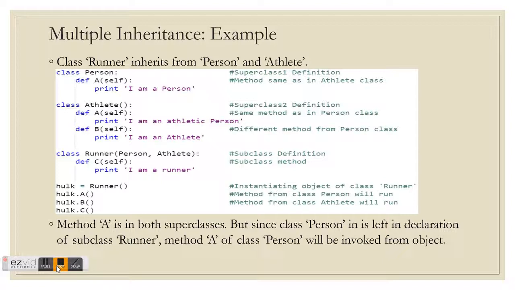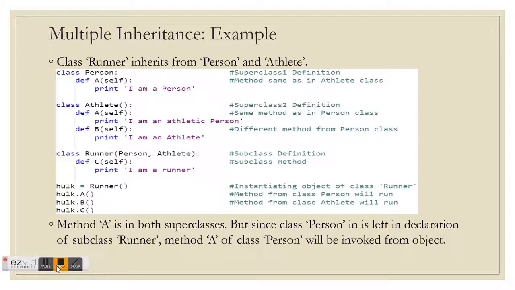As you can observe, method A is both in person and athlete. Now observe the definition of class runner, that is our subclass. Person is on the left and athlete is on the right. That means person has priority over the athlete superclass.